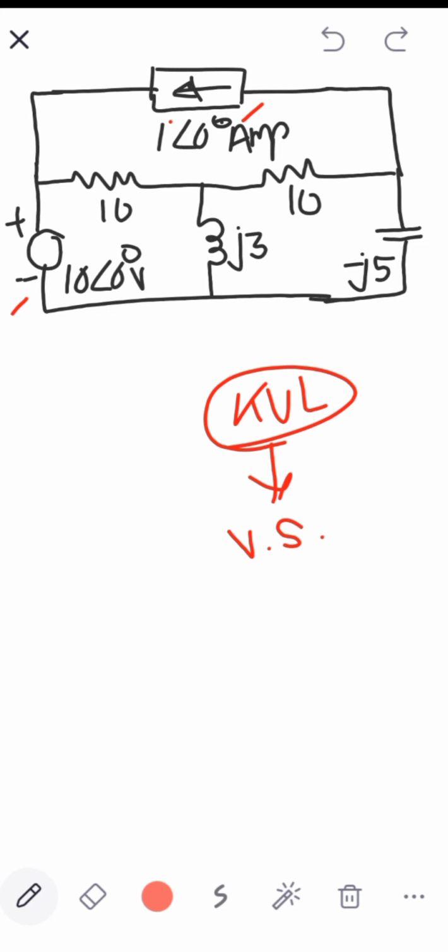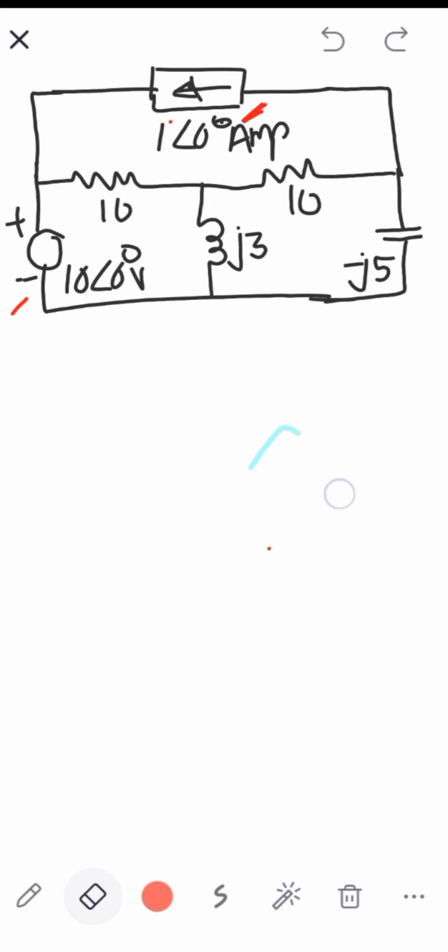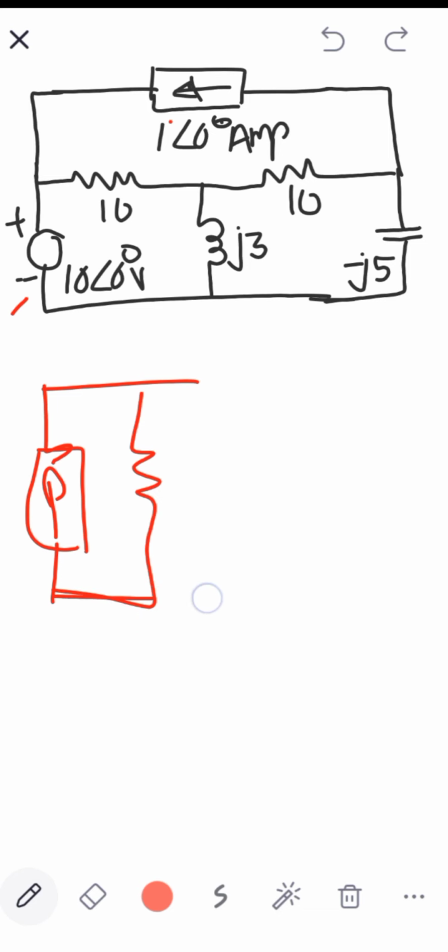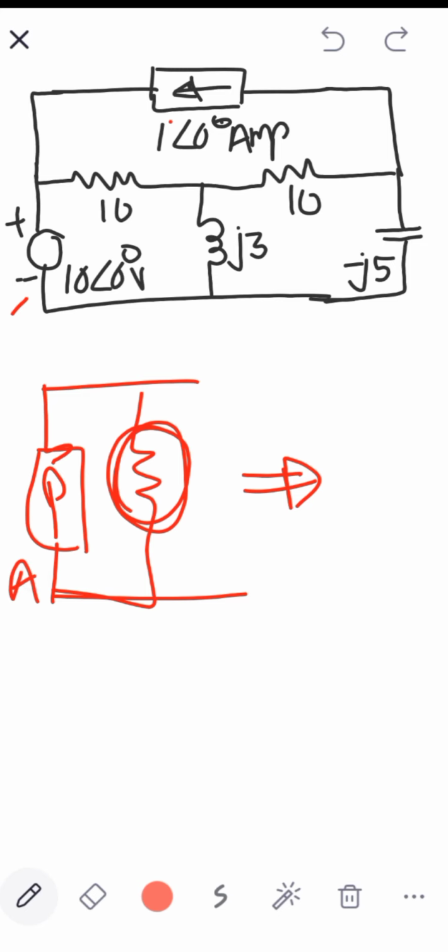So see here we have a 1 ampere source. We have to convert that ampere source into an equivalent voltage source. What is the requirement? If we have to convert this current source into a voltage source, we want a branch element connected in parallel to the current source.